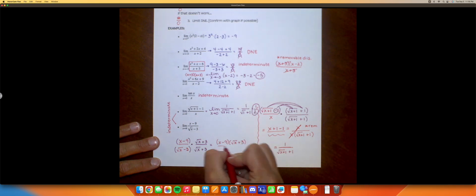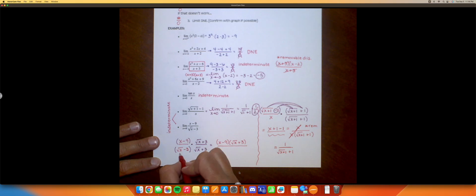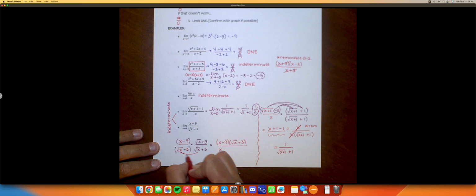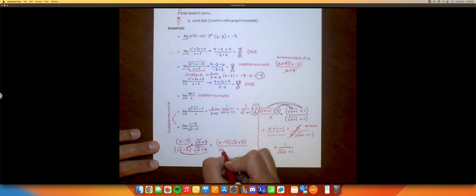On the bottom, I am going to multiply. Square root of x times square root of x gives me just an x. Because these are conjugates, I'm expecting the next two pieces to cancel each other out. So I have a 3 square root of x and a negative 3 square root of x, and those cancel. And then negative 3 times 3 gives me a minus 9.